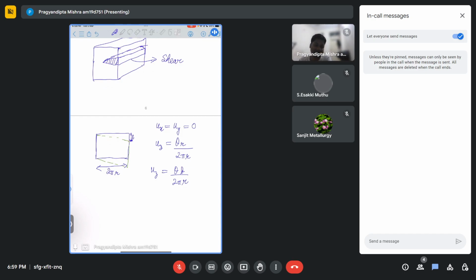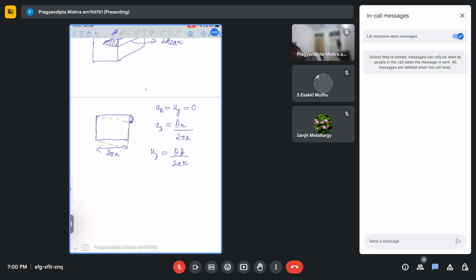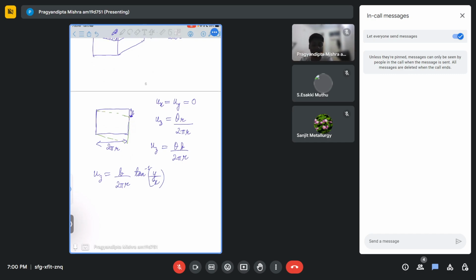Now what is this theta in terms of angular displacement that we look at in any shearing mechanism? It is equal to tan inverse of y by x. So finally I can write u is equal to b by 2 pi r tan inverse of y by x, deformation along the y direction divided by deformation along the x direction.